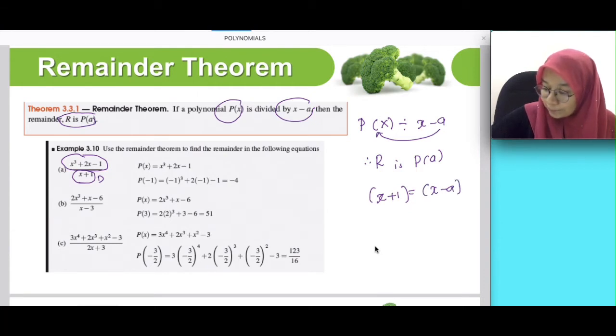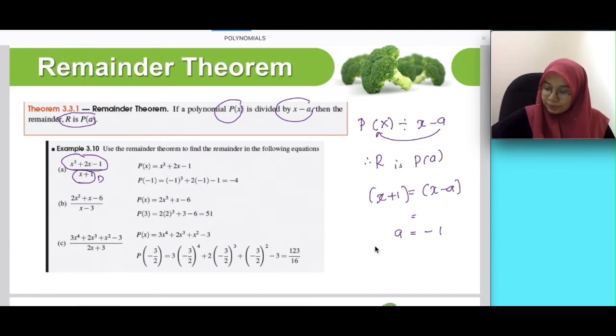It will become your a is equal to minus 1. Okay, so we put a equals minus 1 into this x. So P(minus 1) is minus 1 cubed plus 2 times minus 1 minus 1, equal to negative 4. So the remainder is negative 4.